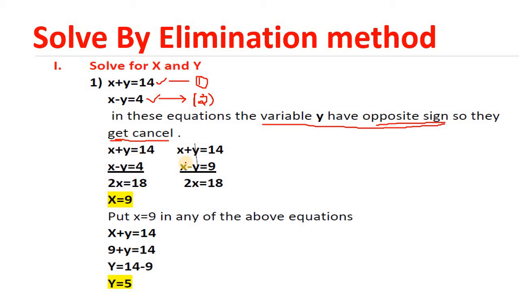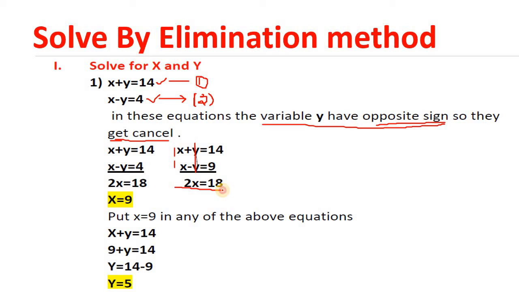Write the equations x plus y is equal to 14, x minus y is equal to 4. We can cancel this plus y and minus y. While adding, 1x plus 1x gives us 2x.